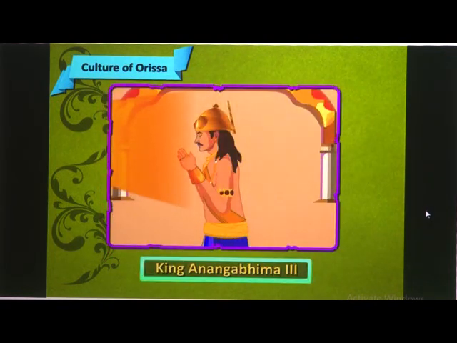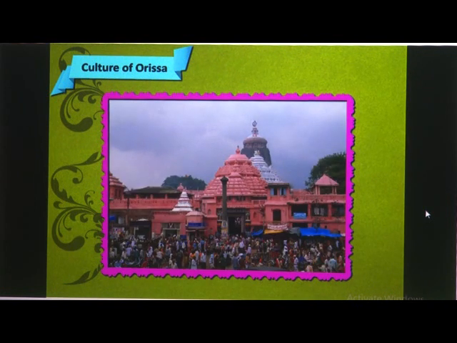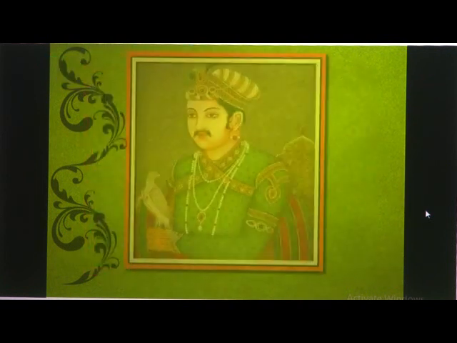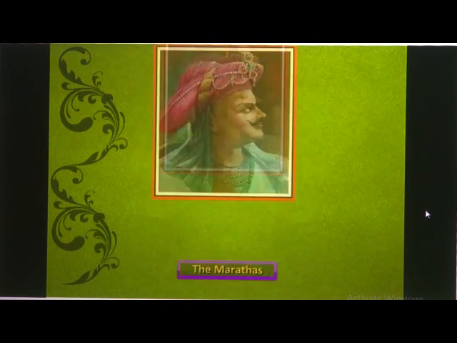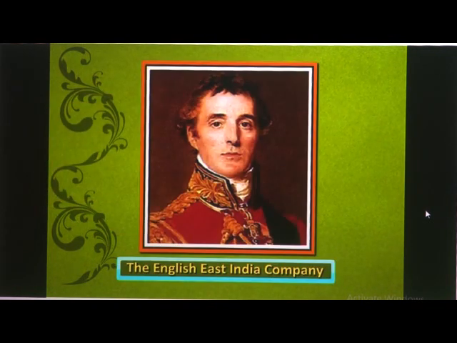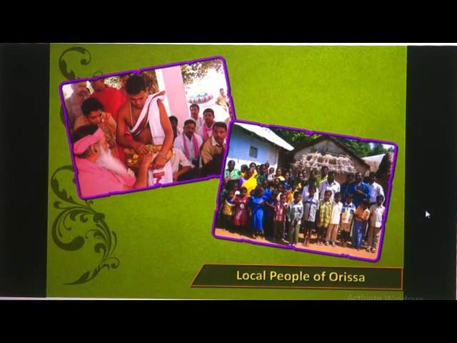Later, King Anangabhima III dedicated his kingdom to the deity and started ruling as deputy of God. Soon, the prestige and influence of the temple increased. All those who conquered Orissa, such as the Mughals, the Marathas and the English East India Company, tried to gain control over the temple so that they could gain acceptance from the local people to accept their rule.